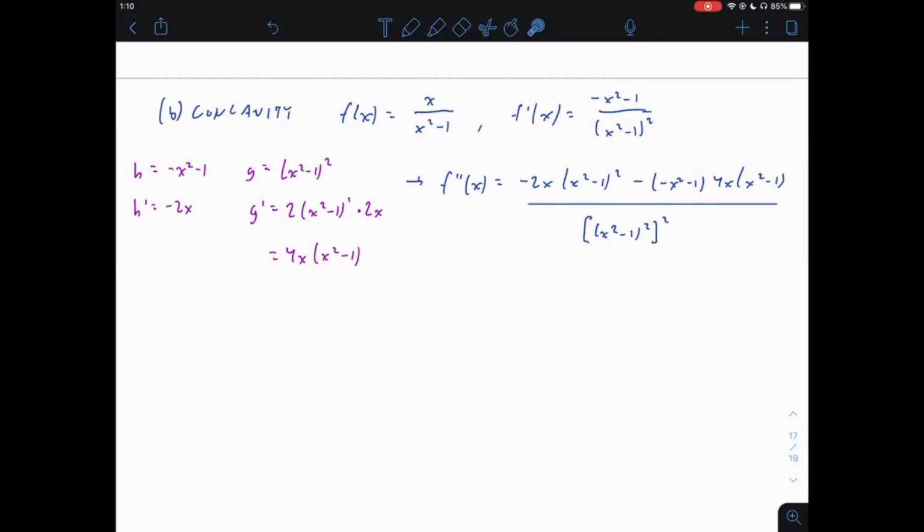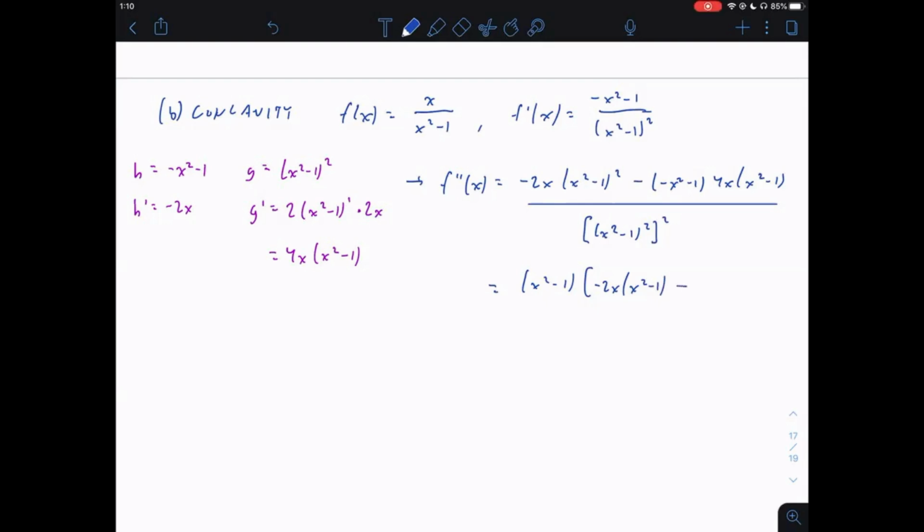Instead, let's factor out an x squared minus 1 from both of these two sets. All right, so we're going to have x squared minus 1 on the outside. And if we factor out x squared minus 1 here, I'm going to use brackets to group what we have left over. If we take out x squared minus 1 from this first set of terms, then we're left with negative 2x times 1 factor of x squared minus 1.